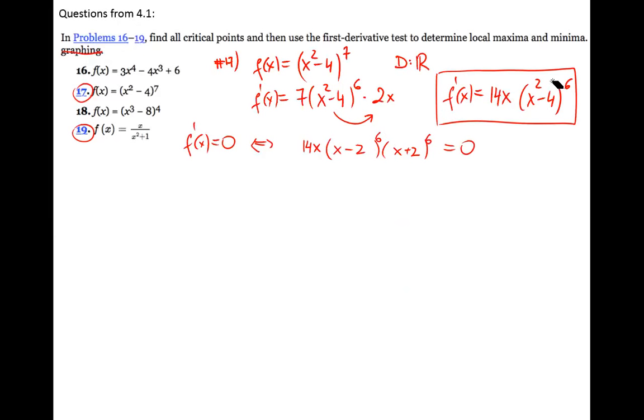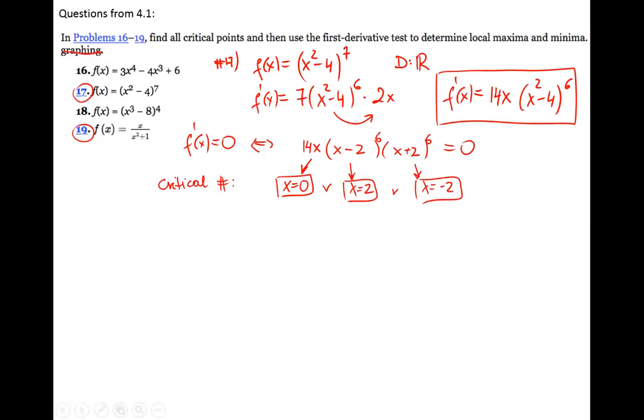That means I will not have values where the derivative is undefined. Okay, and now I can use the zero product property. For this expression to be 0, x must be 0, x must be 2, or x must be negative 2. 0, 2, and negative 2. That means those are my critical numbers.